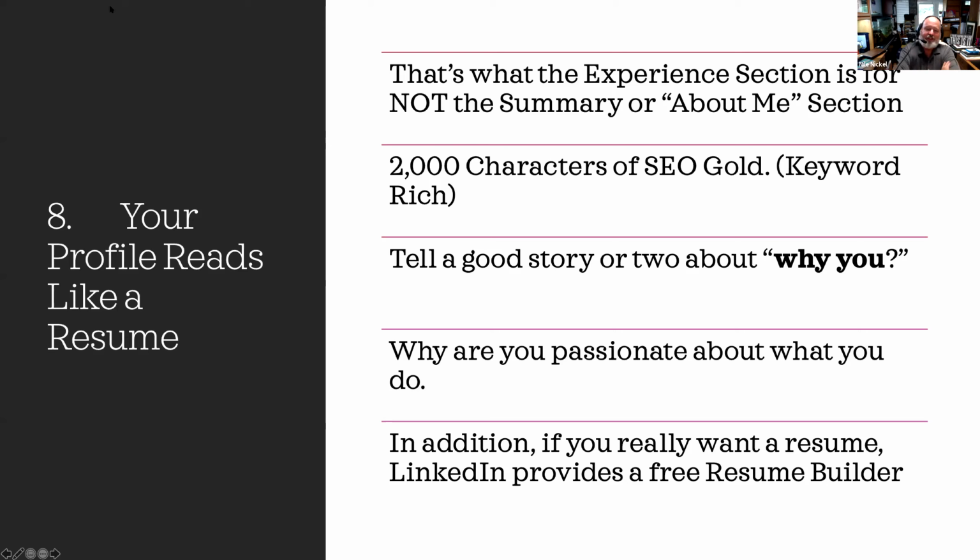So you want to make sure you have the keywords in there that you determine that people use to search for you. You want to make sure you weave them into the story that's there that makes sense. But tell a good story or two about why you. Why are you the best candidate for whatever it is they're looking at, why are you passionate about what you do.